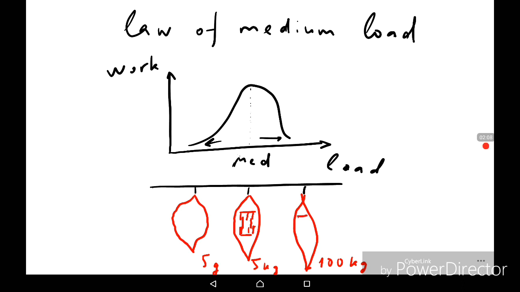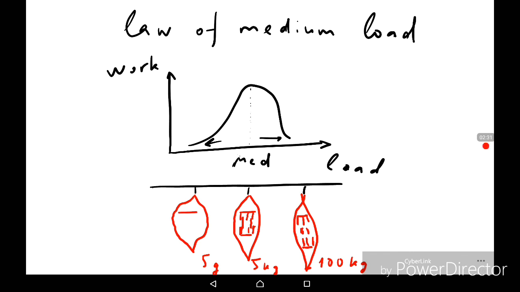If the load is too high, then the muscle elongates and the actin and myosin filaments cannot produce a sufficient number of cross bridges, so the work decreases.